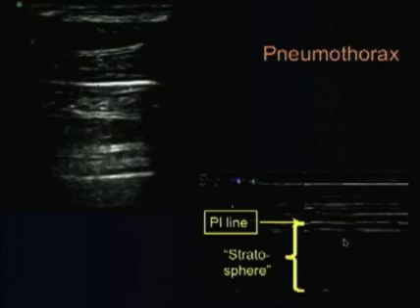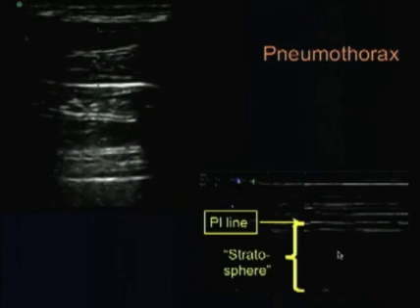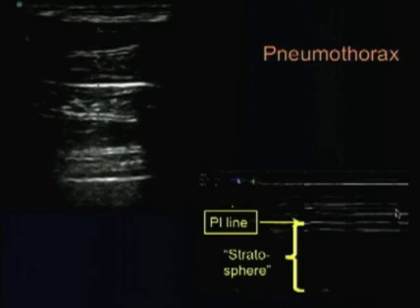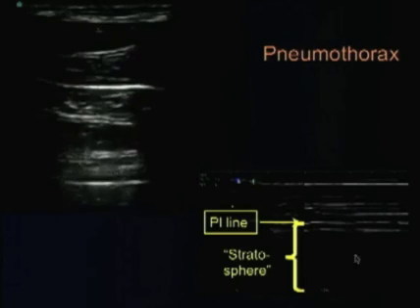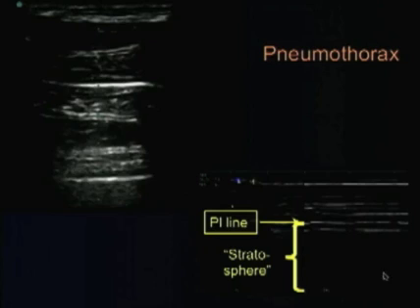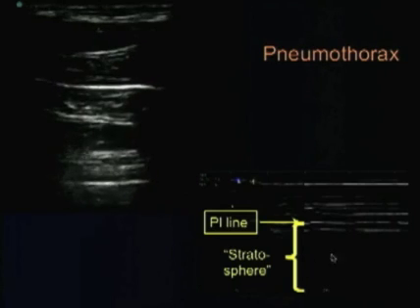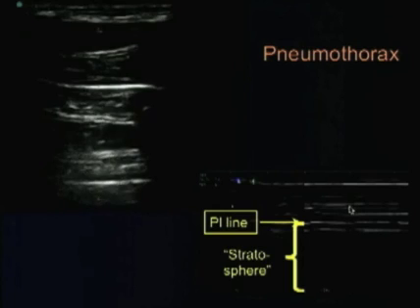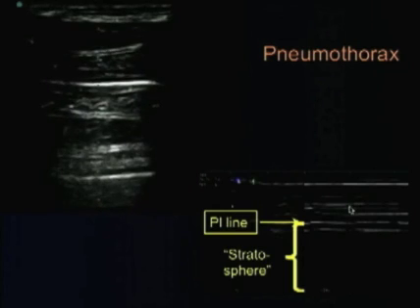And this image right here is often described as the stratosphere sign because there are straight lines all the way across. Also sometimes called a barcode sign because sometimes these lines appear very similar to the soft tissue lines up in this area here.